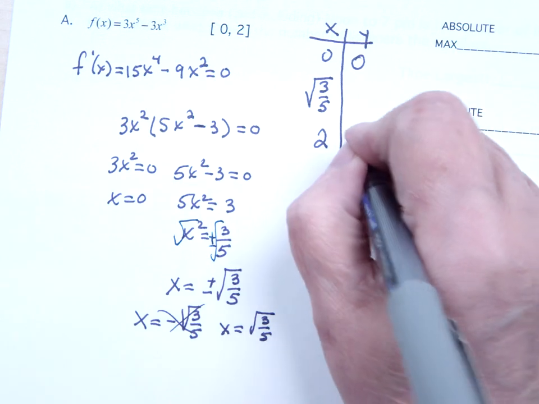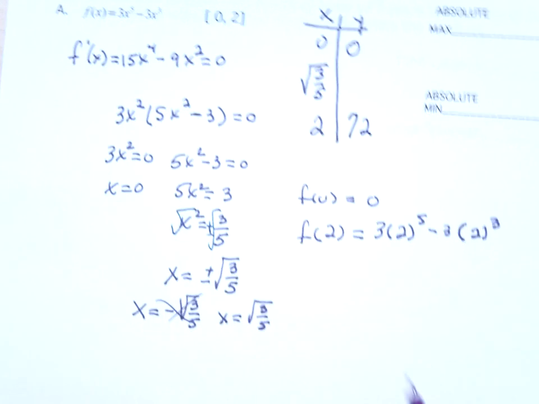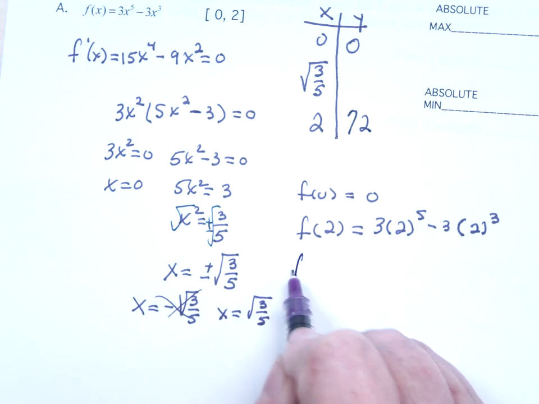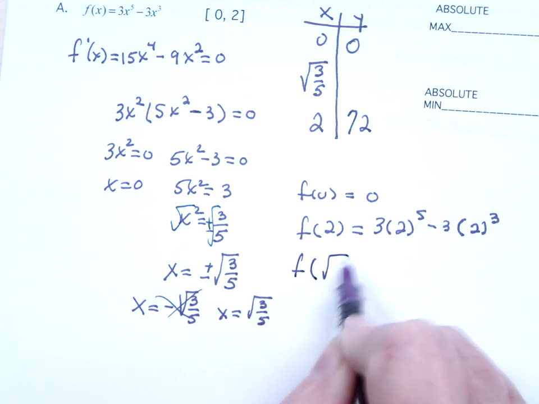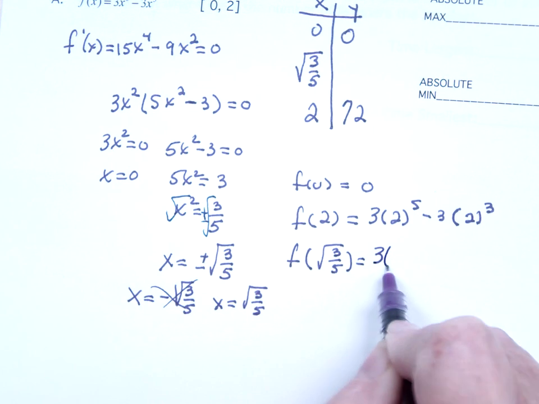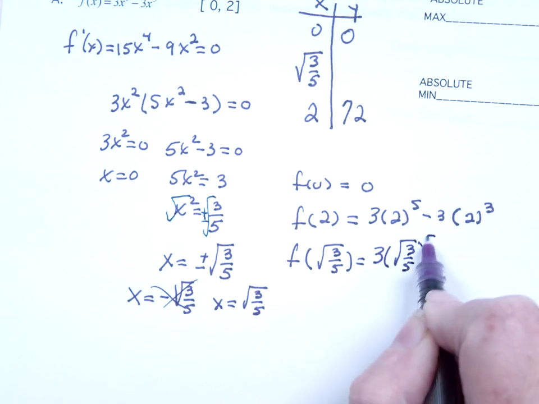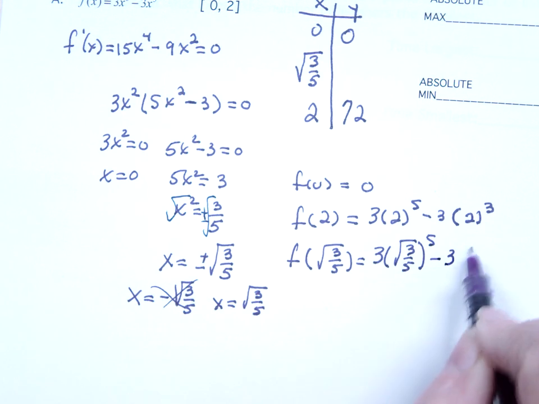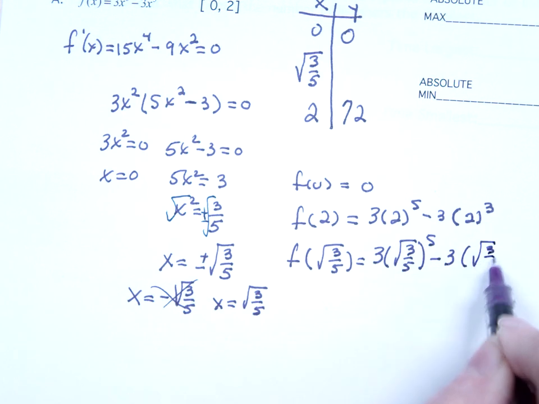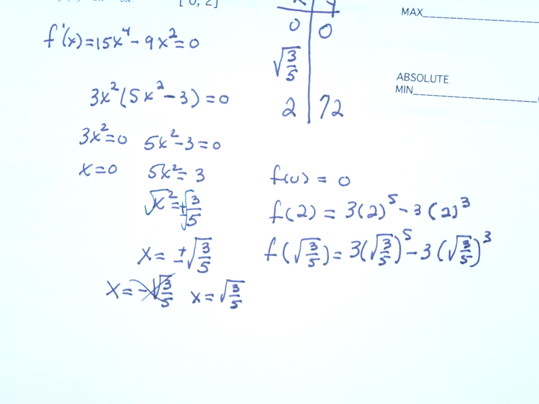Now we take the big bad guy, f of the square root of 3/5, which would be 3 times the square root of 3/5 to the 5th minus 3 times the square root of 3/5 cubed. Again, I'd probably change that to a decimal. You'll get a decent approximation, I'm sure.